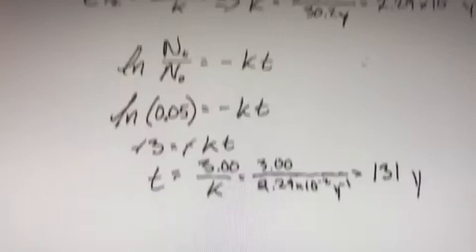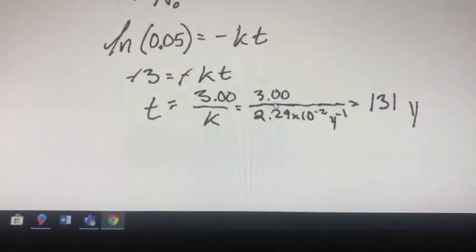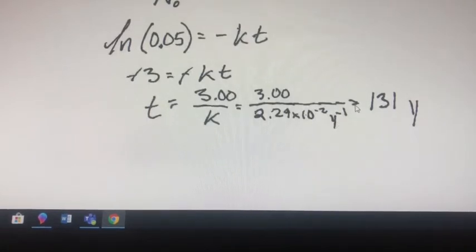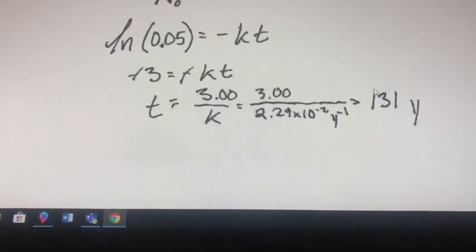So 3.00 divided by 2.29 times 10 to the minus 2 years inverse is going to give you roughly 131 years. So in other words, by the time we get down to 5%, we'll probably all be pushing up daisies.